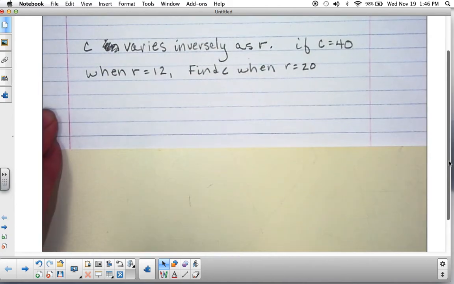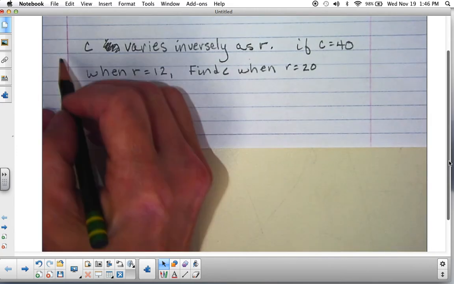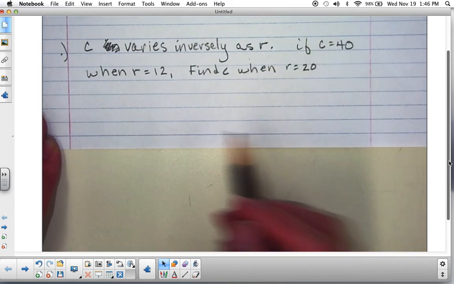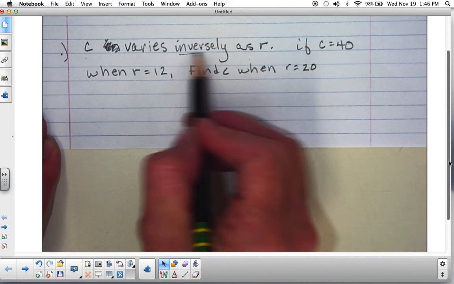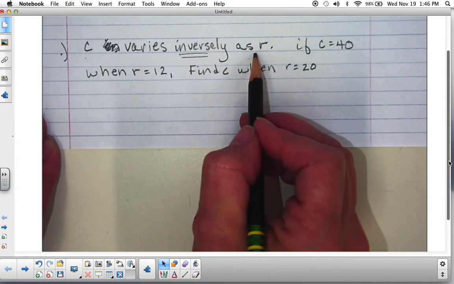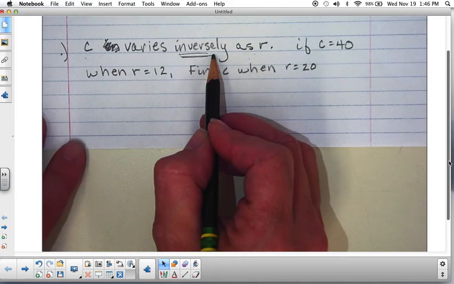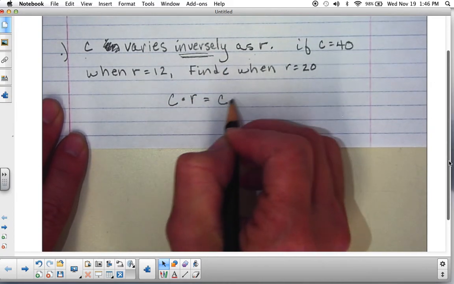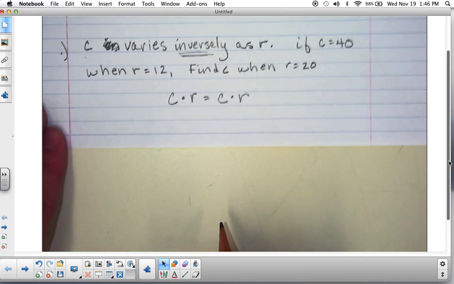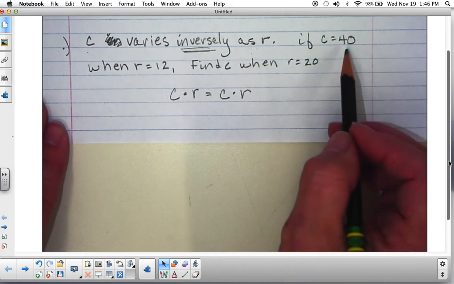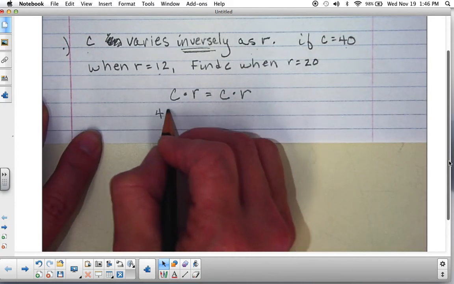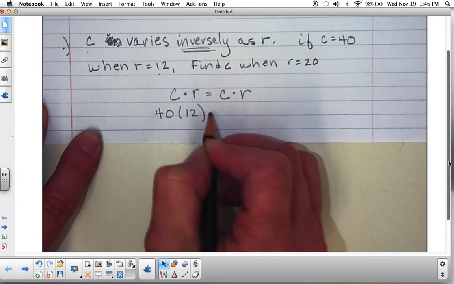All right, so when you read that problem, the idea is I have to set up either a proportion or a multiply. So C varies inversely or indirectly as R. This one means multiplication. So I'm going to go C times R equals C times R and set up a little thing just with my letters. And then we'll plug in 40 for the first C, 12 for the first R. So it's 40 times 12.